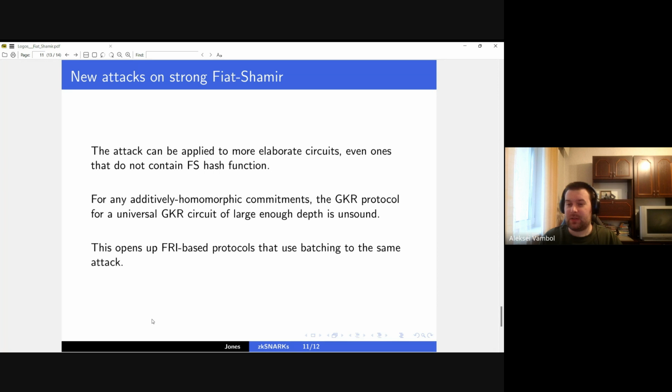So the question is regarding the forking lemma. You mean that including the statement into the transcript sounds weird in the context of the forking lemma?